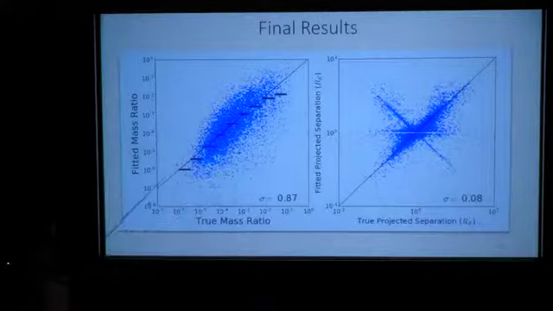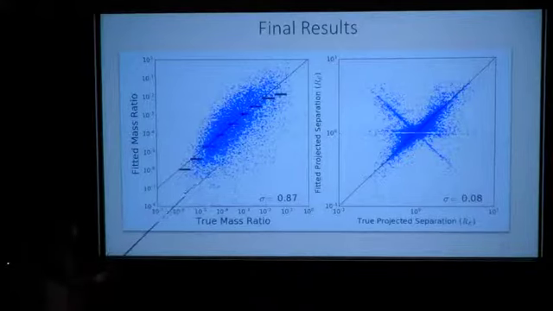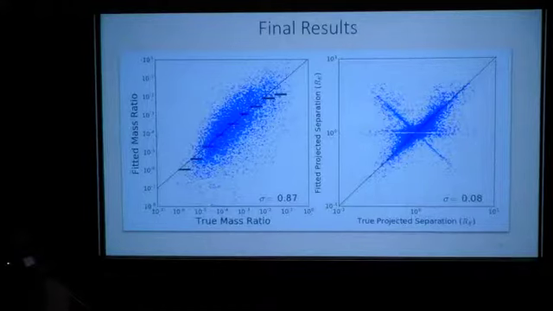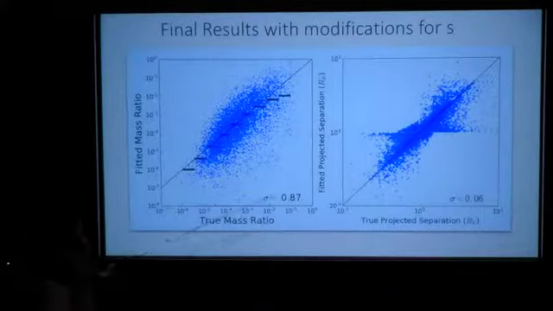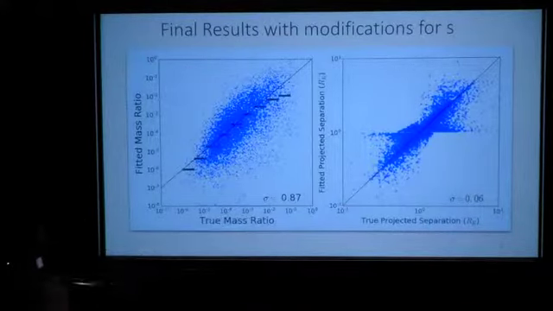If you look at the black bars, those are the mean medians of the results, and they show the trend of the results here, and we can say that we have better results for the intermediate mass ratios. And this is the projected separation plot with the modification for the degeneracy in the S results.